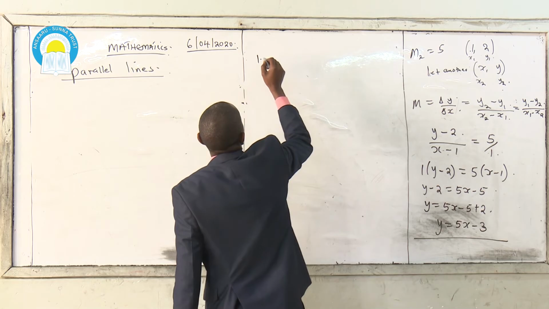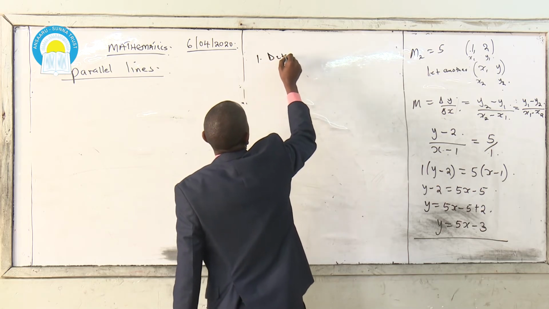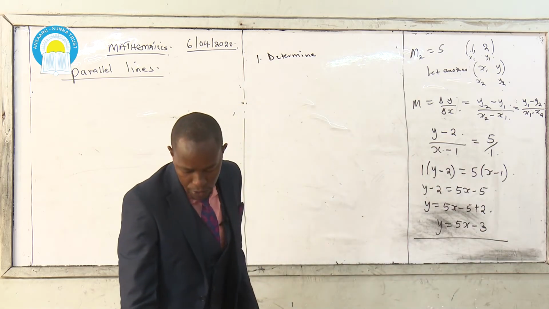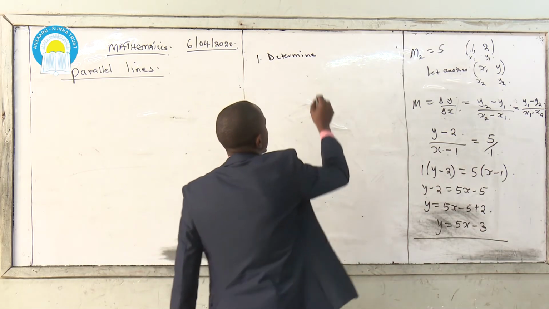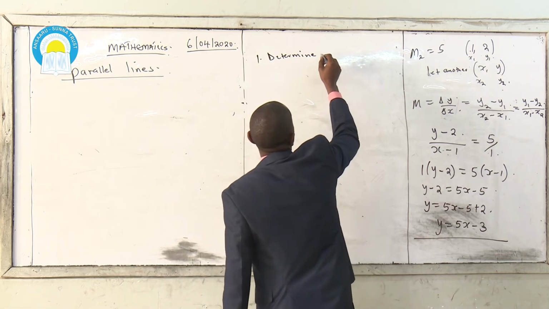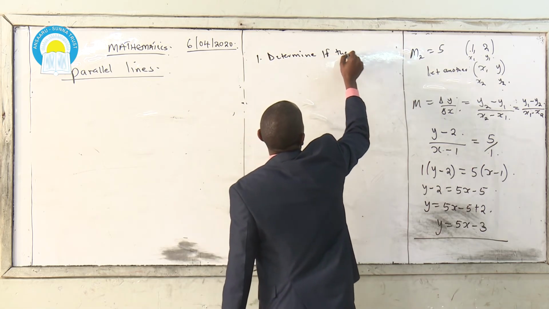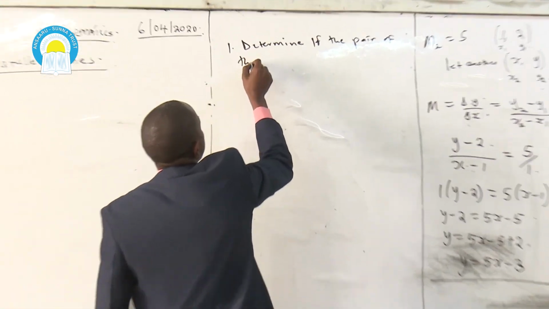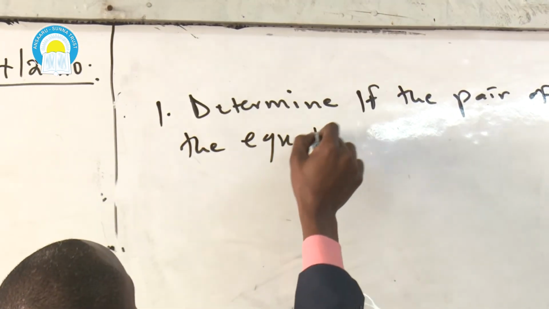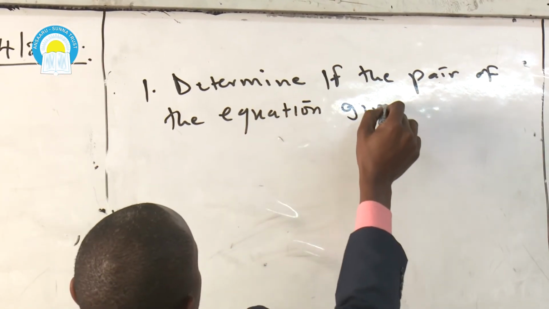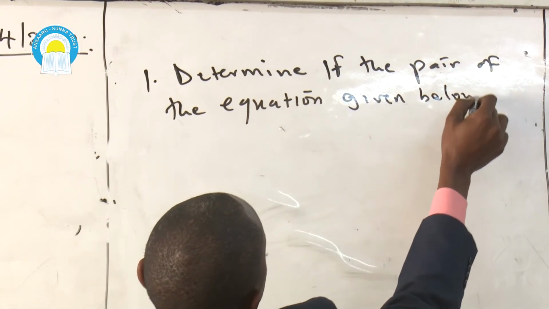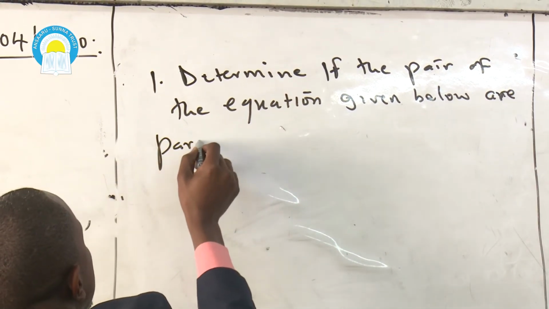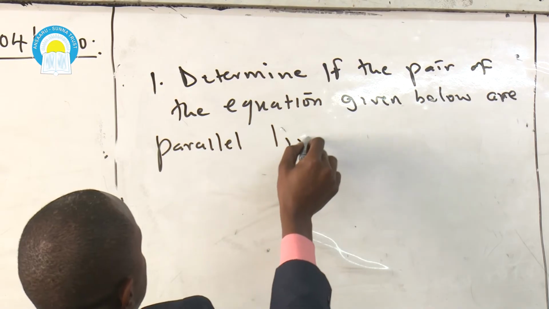Question 1. Because I'm winding up this class, determine if the pair of equations given below are parallel lines.